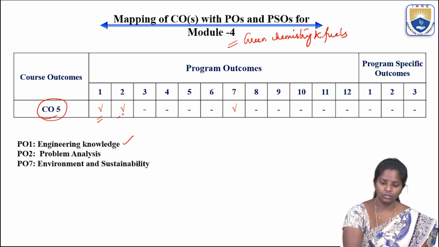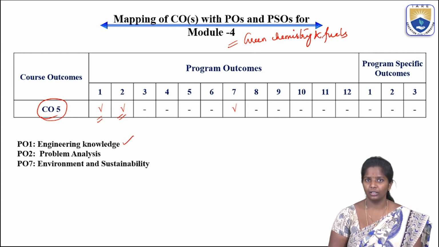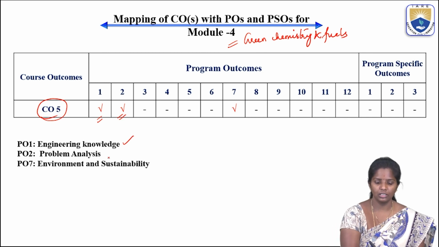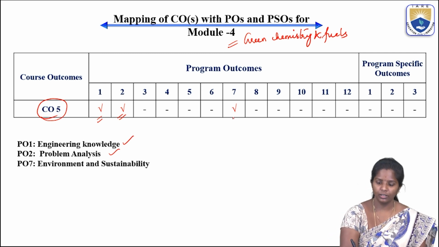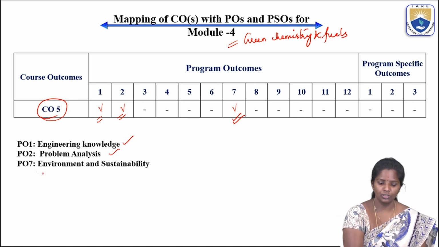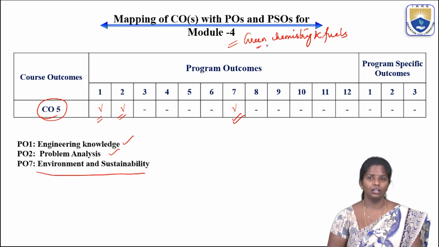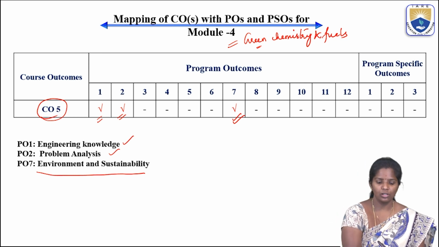Then it is also mapped with program outcome 2. The program outcomes are for the whole BTech graduate. It is mapped to 2 because it includes problems to be solved, and also to 7, because it is related to the environment and sustainability, because green chemistry helps in resolving many problems due to pollution.